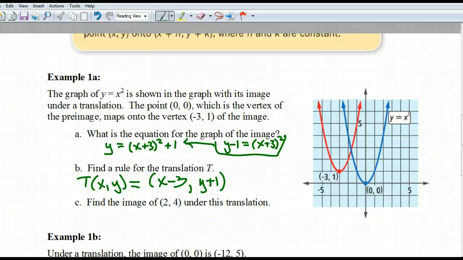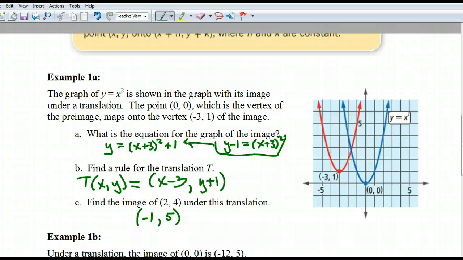So what you're going to do is put 2 in for x right here. What's 2 minus 3? -1. And what's 4 plus 1? It's going to be 5. So that's the image for that point.